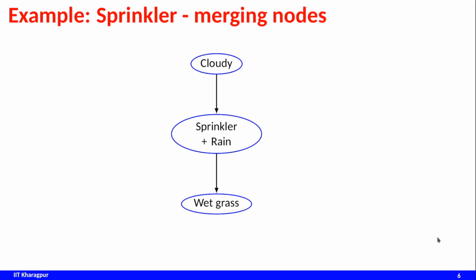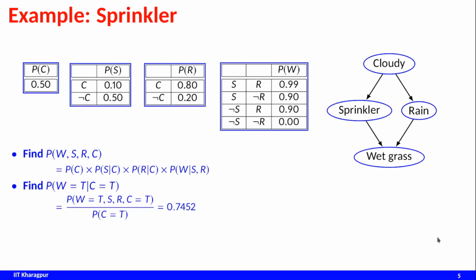Now if you look at the previous one, you have to reach the cloudy part in multiple ways. Cloudy controls some of the variables in your belief network.